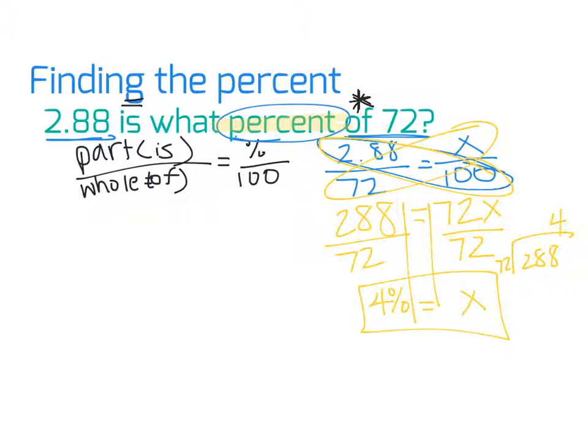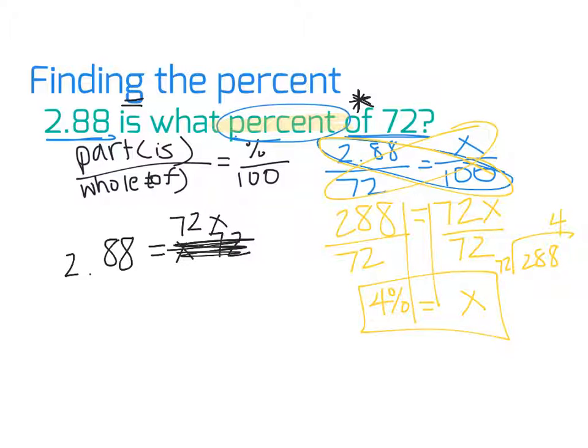One way that you could set this type of problem up is you could do 2 and 88 hundredths equals, since I don't know what percent, you can just put x times 72, which you could write as 72x instead, because that's actually the better way to write it.